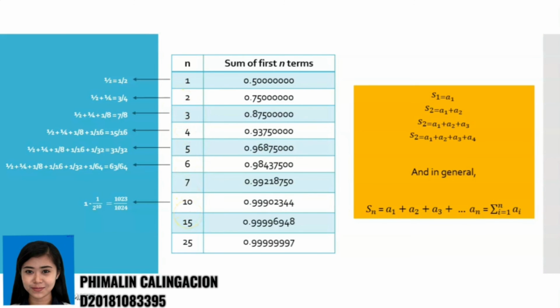As you can see, the value of the sum of the first n terms becomes bigger and bigger as n keeps being added. At the 25th n, you can see the value becomes very close to 1.